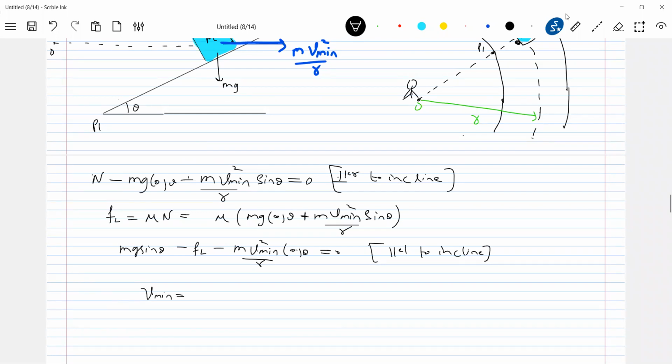Sir, it is root over gr cos theta into sin theta minus mu cos theta. Yeah. I'll put it like this, tan theta minus mu by... okay, fine. This much only. Check it once.